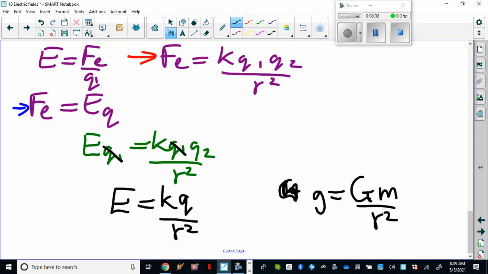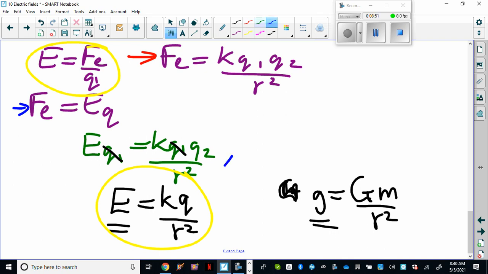There are those two formulas side by side, so you can see how similar they are. One is for the gravitational field strength, one is for the electric field strength. So now we have two formulas, one here and one here for electric field strength. The beauty of this one right here is it does not require a test charge to measure the field. You can measure the field if you know the charge of the source and you know the distance away from the source charge.